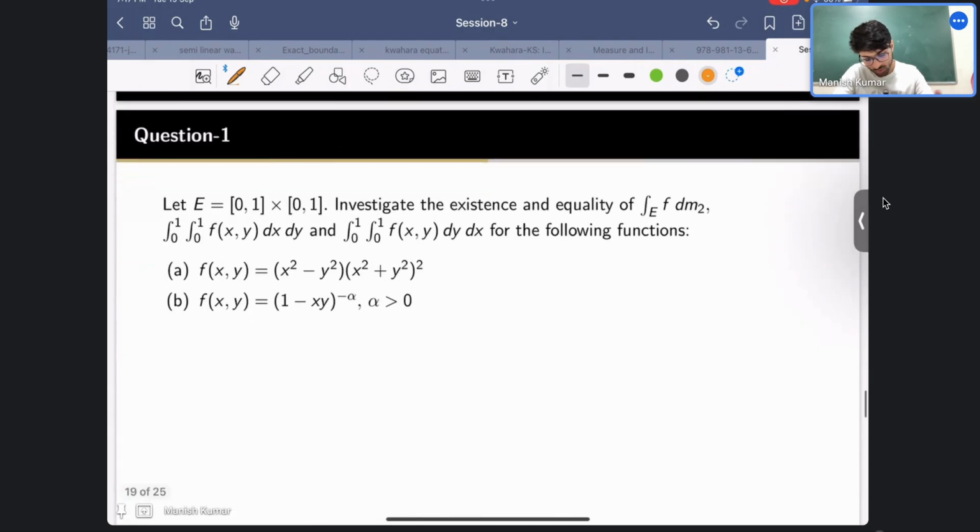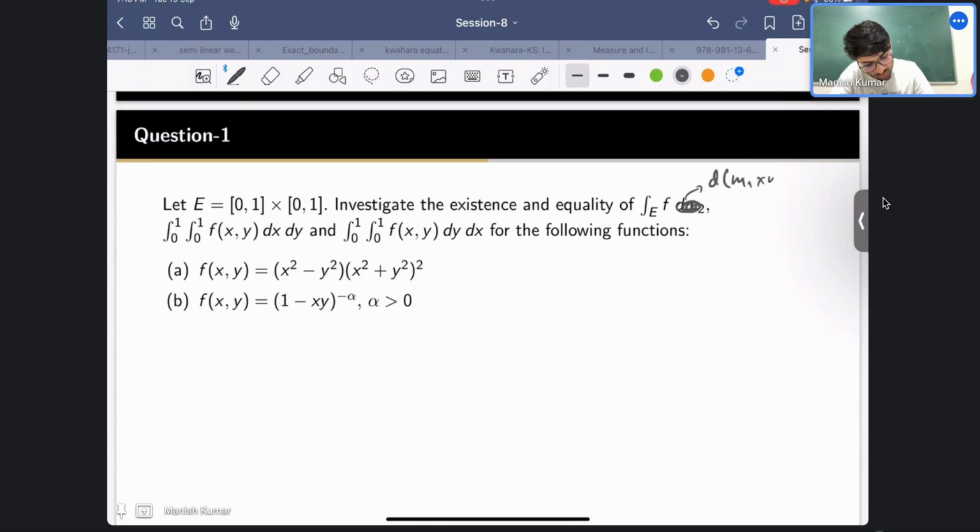So let's start with this problem. It says that you have been given two functions, on [0,1] cross [0,1]. I think something is wrong here, this is again a typo, I guess. Here it's asking about d m1 cross m1.